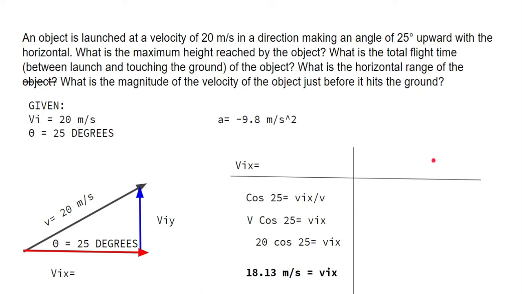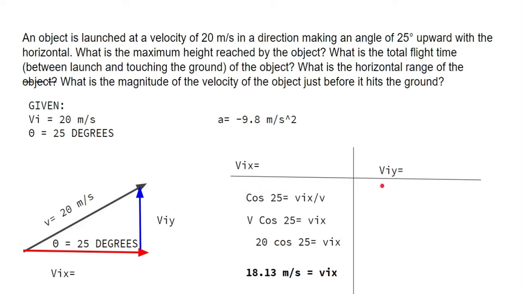Next, to solve for the vertical component, again we use a trigonometric function. Since this is the opposite and this is the hypotenuse, we shall now use SOH, which is sine, opposite over hypotenuse.